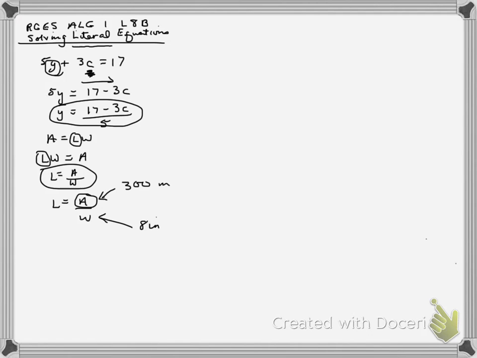Notice this is square inches and this is inches. Okay, so I'm going to show you something about units too. So I'll simply take 300 divided by 8, which is going to be 37.5. And notice I have inch square, or inch times inch, in the numerator and inch in the denominator.